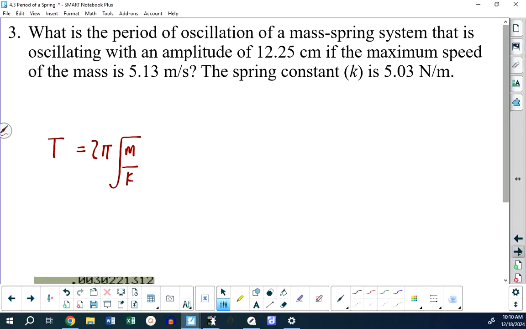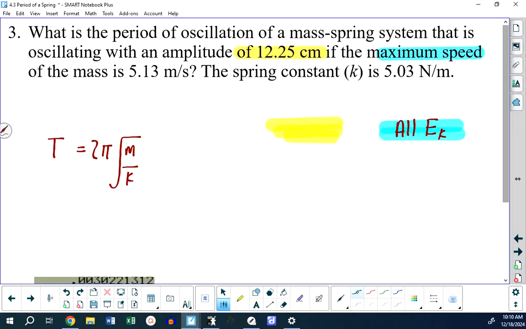But we do know the maximum displacement. We do know the maximum displacement. And we do know the maximum speed. And the maximum speed corresponds to all kinetic energy.